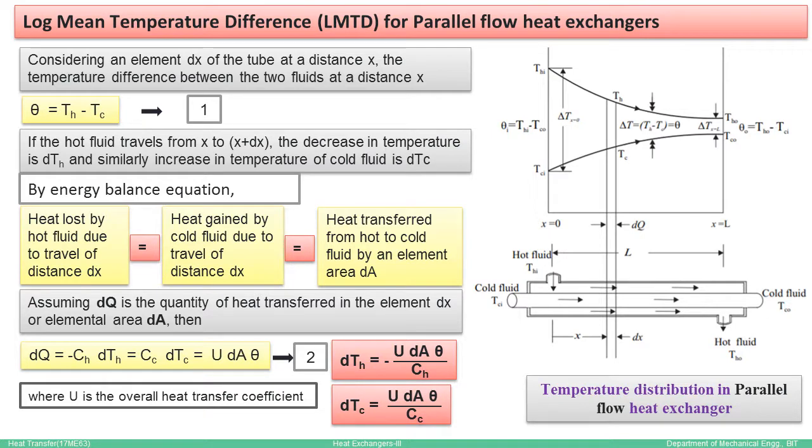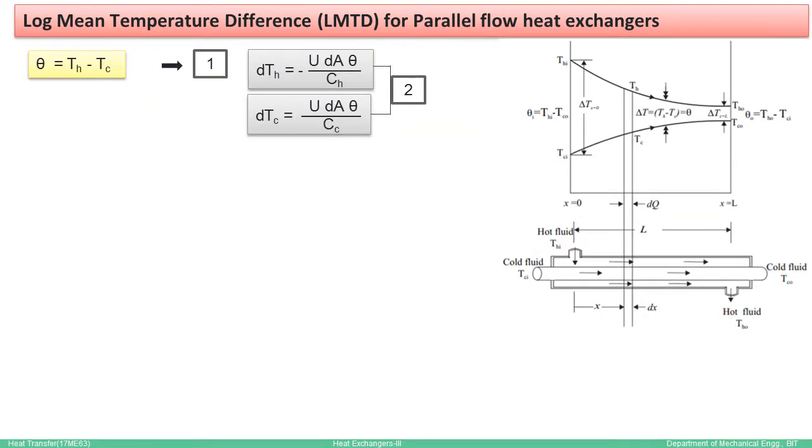From equation 2 we can rearrange these terms and write dTh is equal to minus U dA theta divided by Ch. Similarly, dTc can be written as U dA theta divided by Cc. So now we have two expressions.